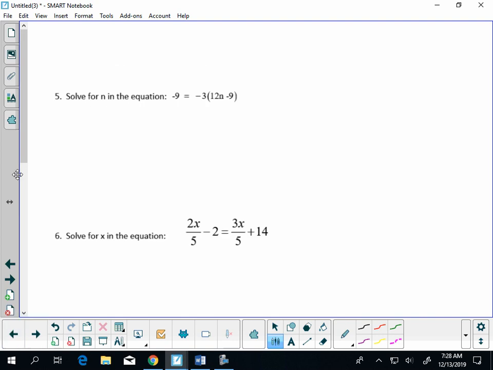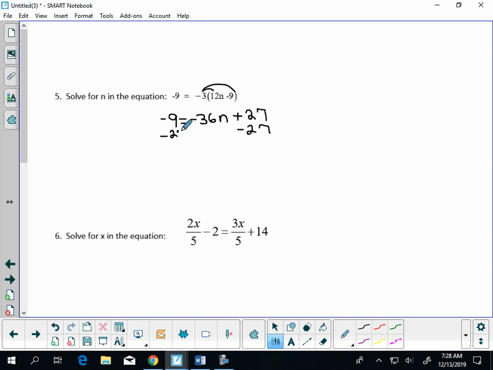Number 5, we want to solve. Well, first thing I need to do is distribute. And I get negative 9 equals negative 36n plus 27. I need to now subtract 27 from both sides.